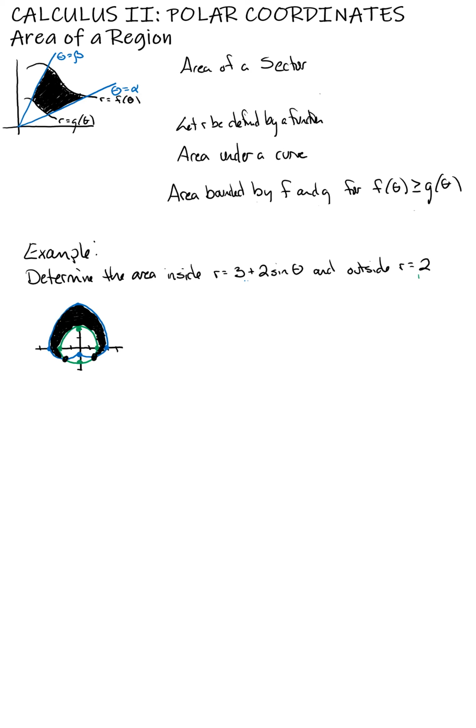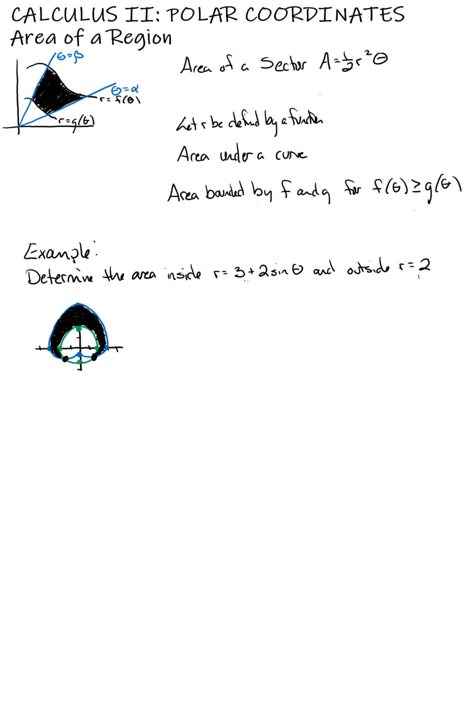I want to talk about finding the area of a region when we're looking in polar coordinates. First off, remember that the area of a sector, back from trigonometry or pre-calculus, is A is equal to 1/2 r squared theta. Now in this case, we're going to be looking at two different theta values, going from alpha to beta within that interval.